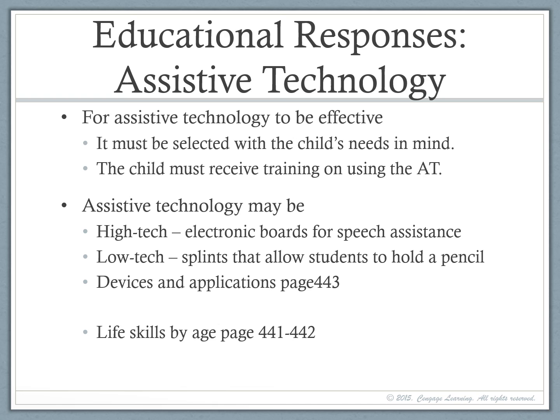Or it could be certain devices and applications. And some examples are on page 443. And then finally, life skills by age, as far as what you might expect or what kinds of skills need to be focused on, you can find on page 441 to 442.